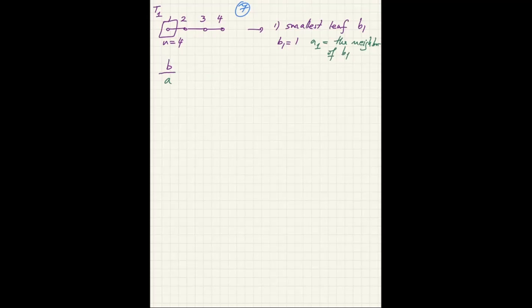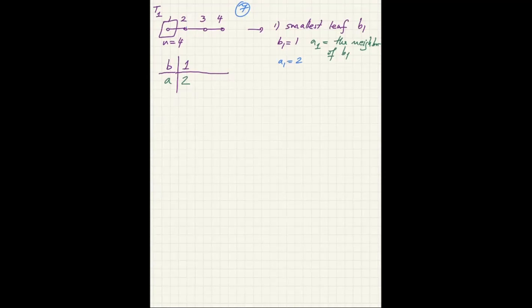So I'll write them from right to left. So the first entry in the B is a 1. And the entry in the A is going to be 2. And so in this case, A1 is 2 because that's a neighbor.